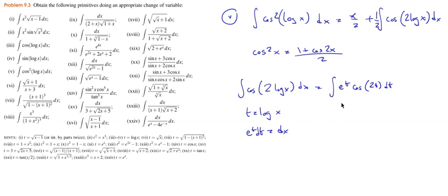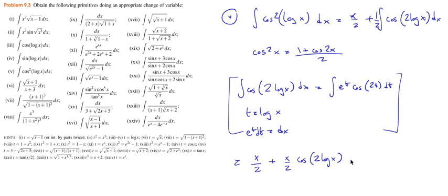Now you can do this primitive by parts, just like before, and so you will get the result. The whole primitive is x over 2 plus x over 2 cosine of 2 times the logarithm of x plus x over 5 sine of 2 times the logarithm of x, plus c.